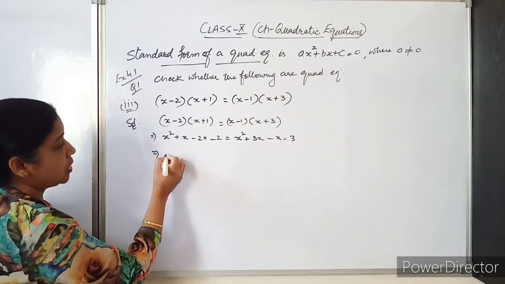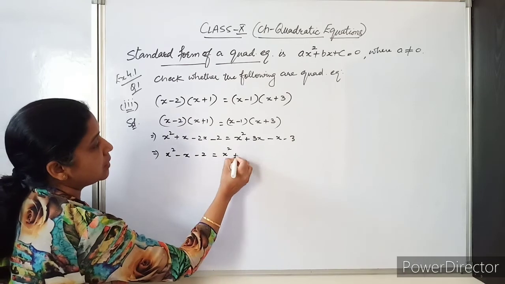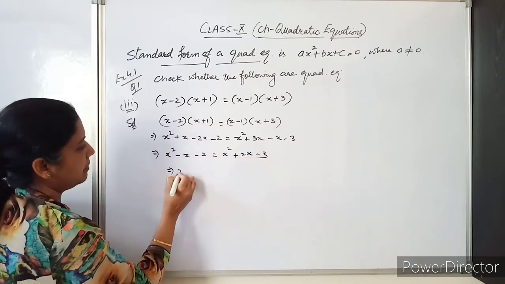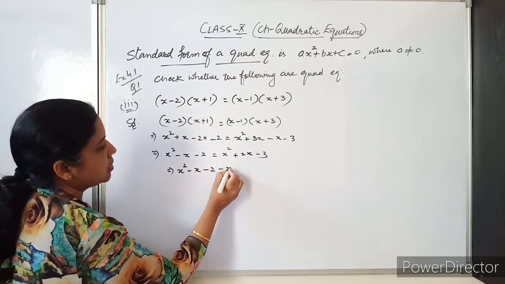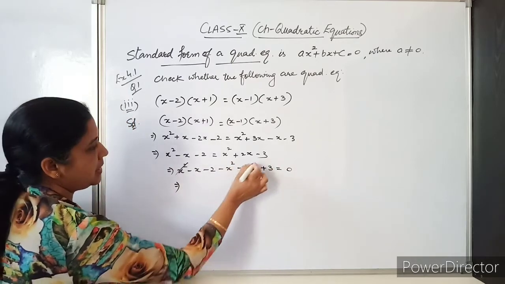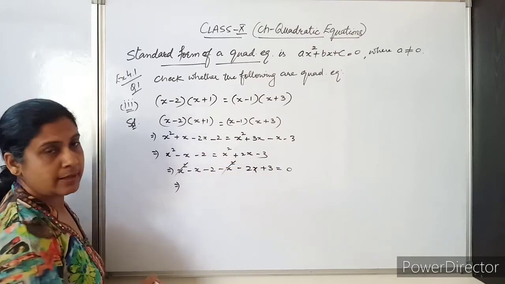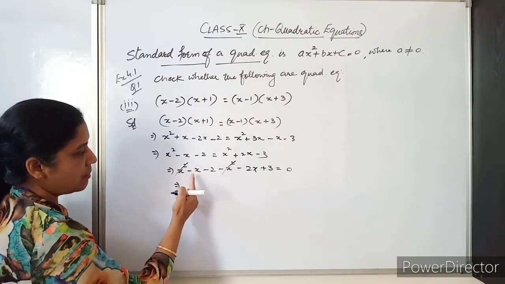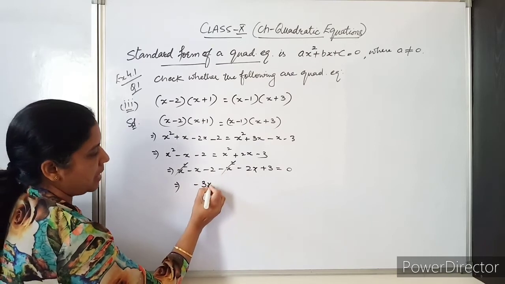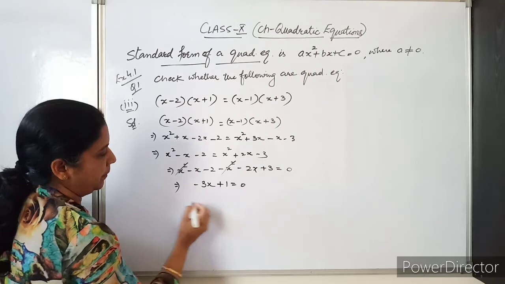I want to shift, but first of all let me simplify. We will be shifting the terms when they are in simple order. So I will transpose the terms now on LHS. x square minus x square cancels out, minus x minus 2x, minus 3x, minus 2 plus 3 gives me 1.